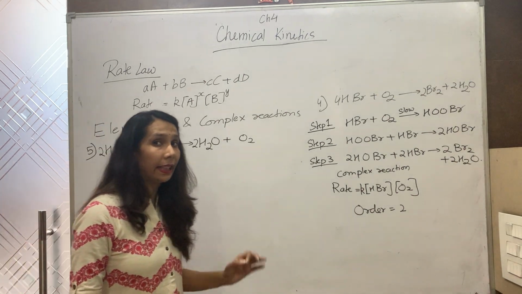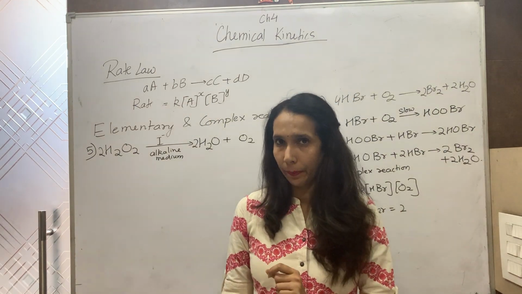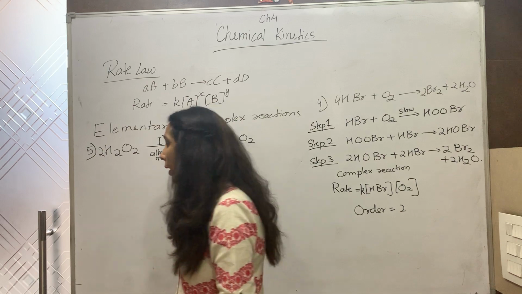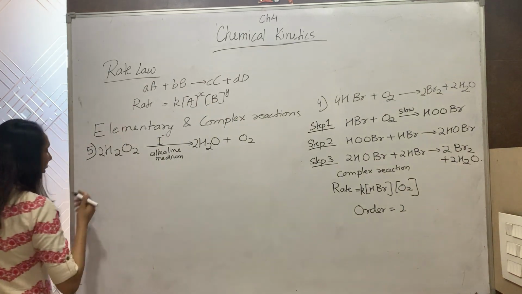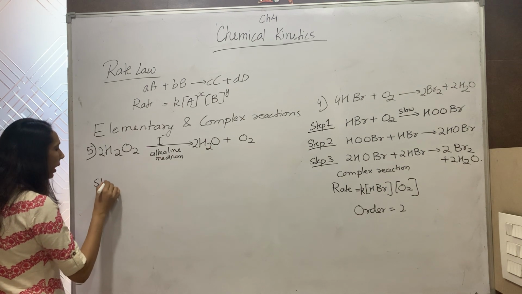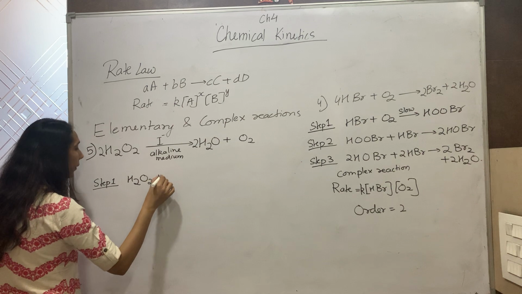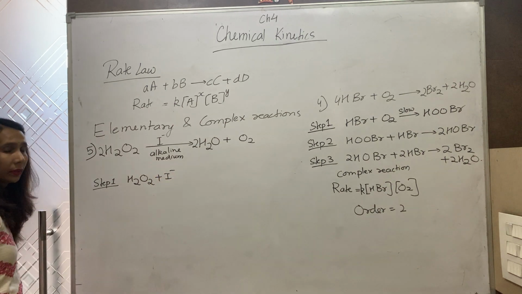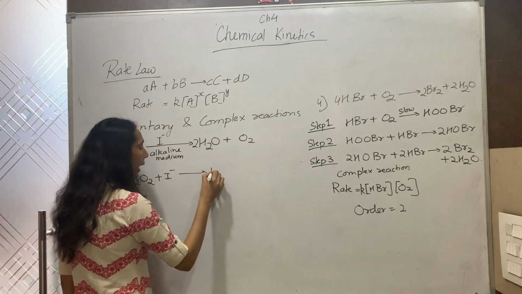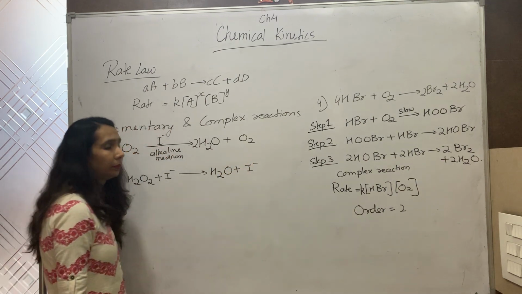Iodide here is a catalyst which catalyzes this reaction. The steps of the reaction are as follows. Step 1: H2O2 reacts with I negative and forms H2O plus IO negative.